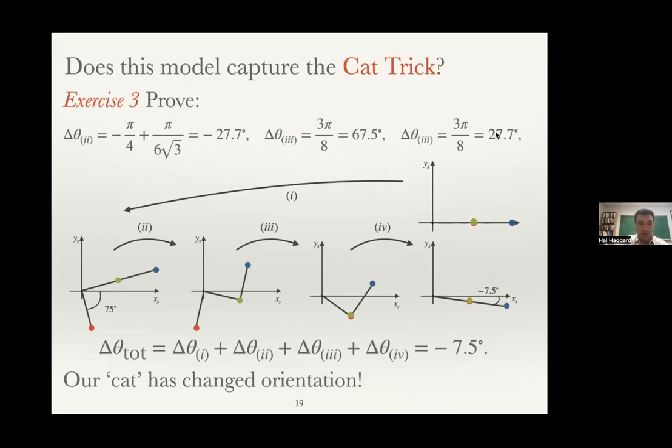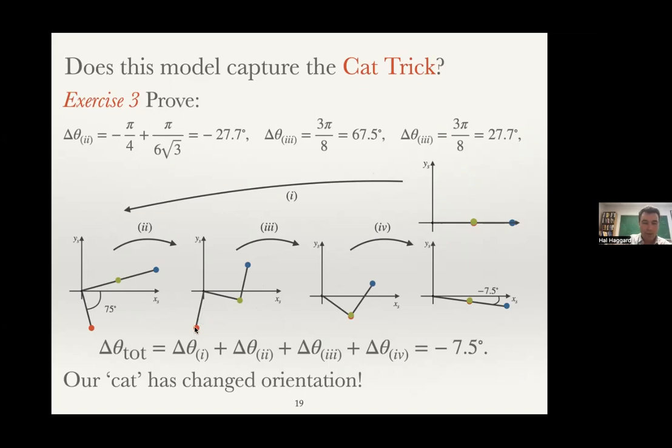And just so you can follow even graphically what's going on, even if you haven't done the calculations yet, the idea is, as we said, we start out with the cat totally aligned. Along the first path, it goes to this 75-degree change in orientation we just mentioned. Along the second path, the blue mass becomes perpendicular to the green mass's direction, and the orientation changes backwards more.